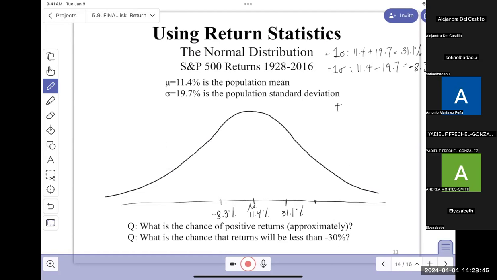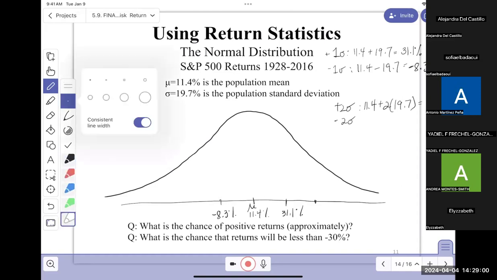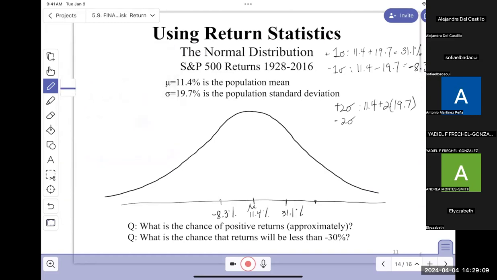Now do 2 standard deviations, which is 11.4 plus 2 times 19.7, and 11.4 minus 2 times 19.7.